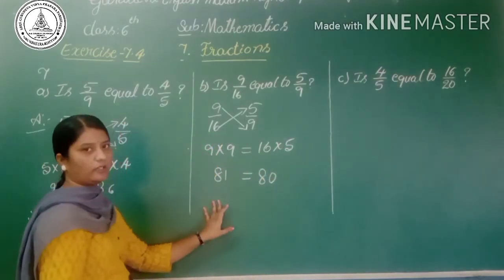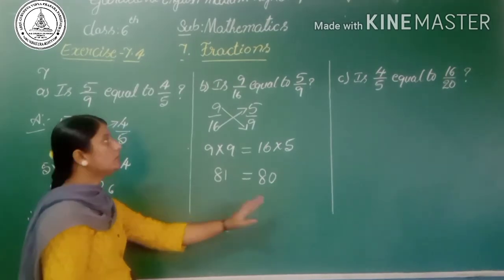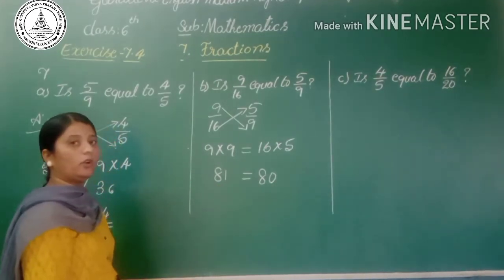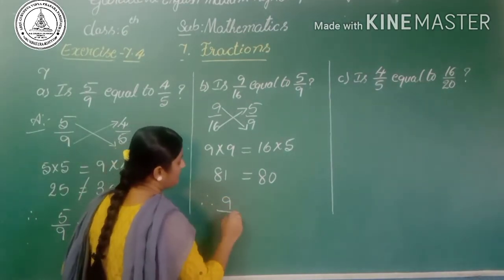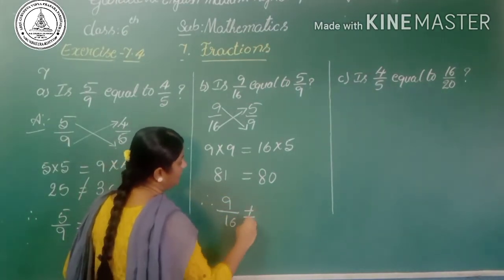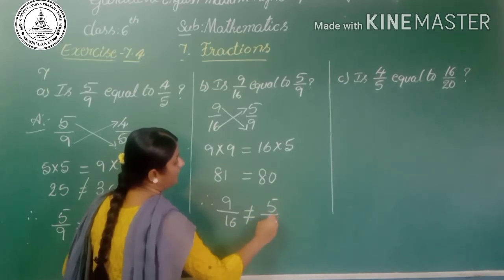So 81 is not equal to 80. So the given two fractions are not equivalent. Therefore we can write 9 by 16 is not equal to 5 by 9.